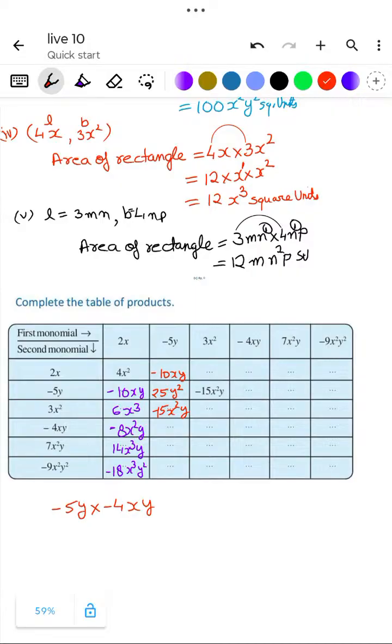Now negative and negative, this will be positive, and 5 times 4 is 20, so this is positive 20 x. y to the power 1 is here and 1 is here, so this will be y to the power 2, that is y square. So this is 20 xy square.